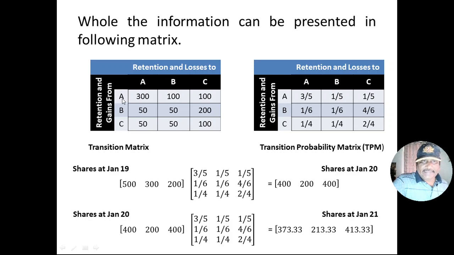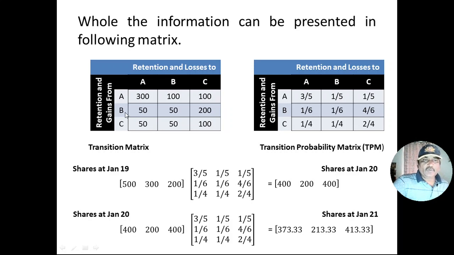Like company A is losing 100 customers to B and 100 customers to C. Initially there were 500 customers with A, out of which 100 had been lost to B and 100 had been lost to C. It means that 300 are retained by A, right? 300 are retained and 100 are lost to B and 100 are lost to C.